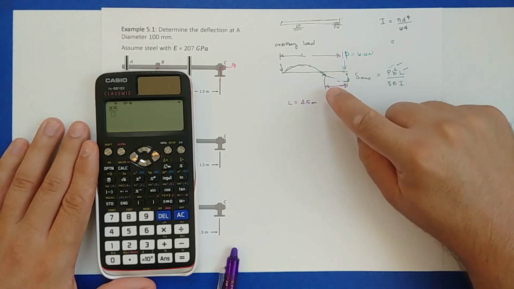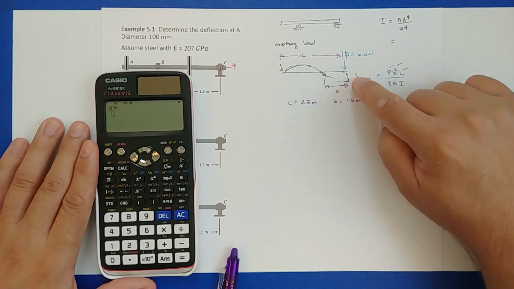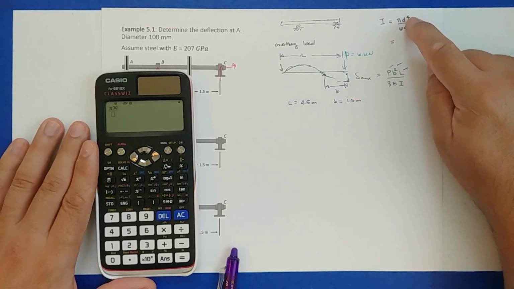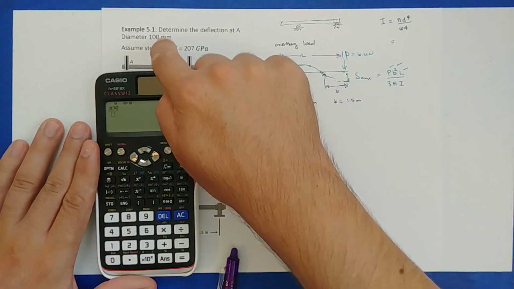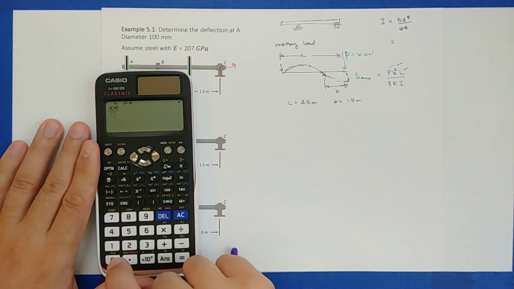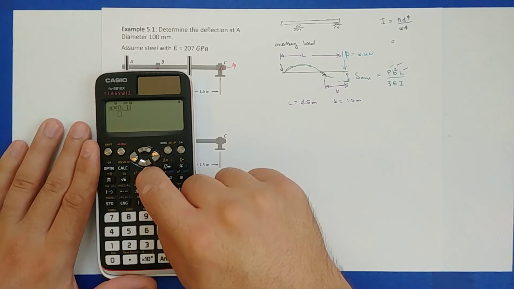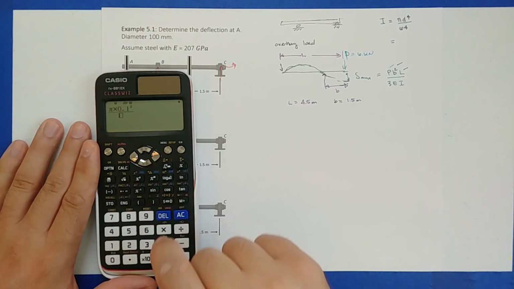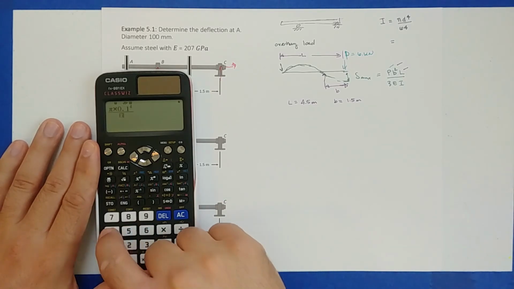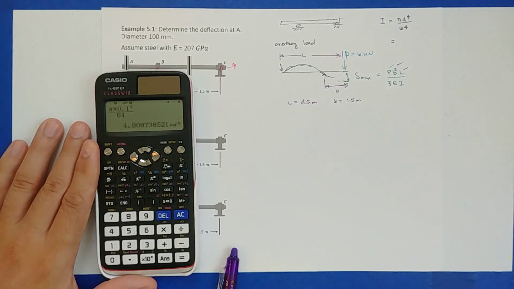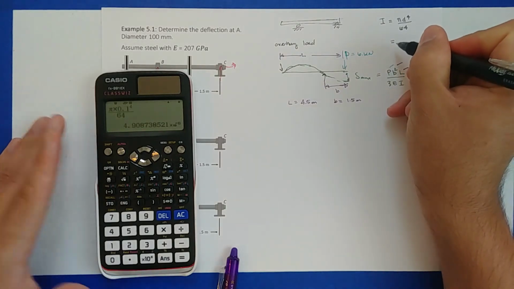There's B, which is the overhang length, and L, which is the length of the beam, in meters. So I'm just going to calculate I in meters. So 100 millimeters in meters is just 0.1 meters. And then I'm going to raise this to the power of 4 and then divide the whole thing by 64.